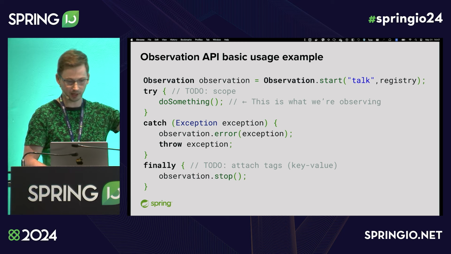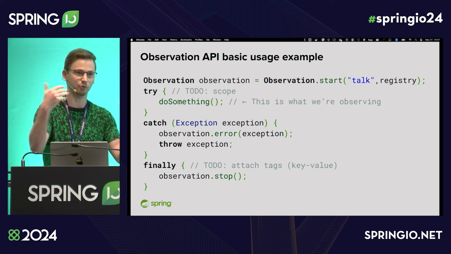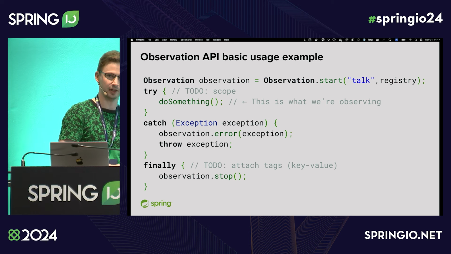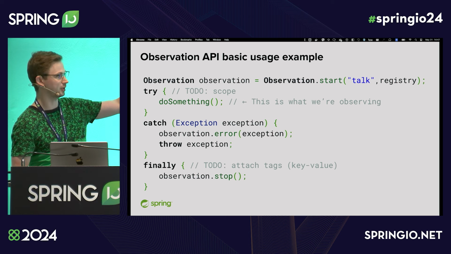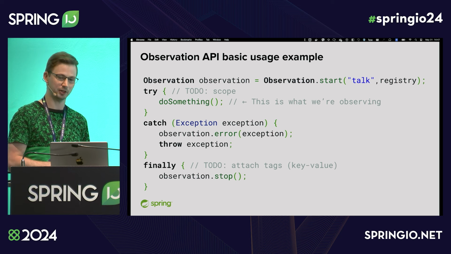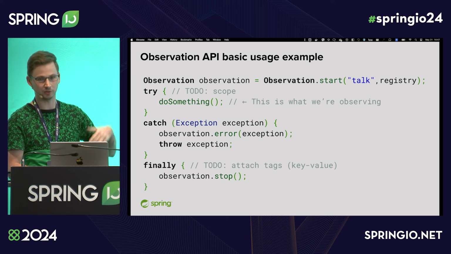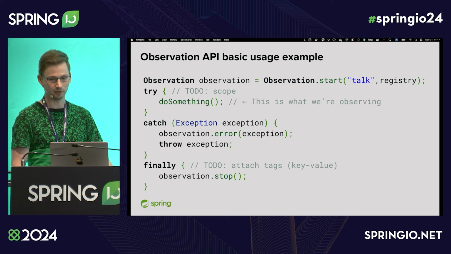Then in a try-catch-finally block, you do something, which is the operation that you want to time. In the catch block, if there's an exception, you add that to the observation so it is aware that an exception happened and exactly what it is. And in the finally block, you make sure to stop the observation.